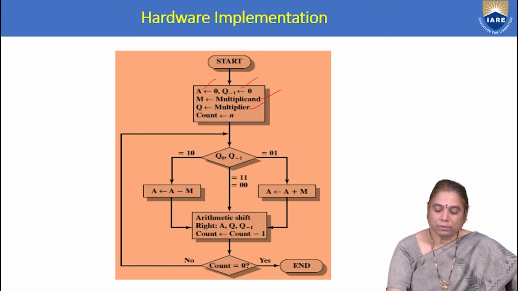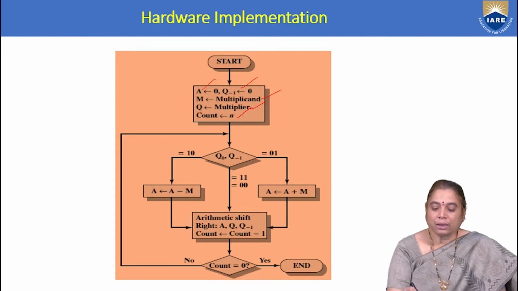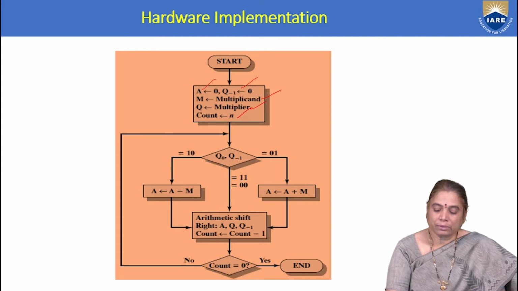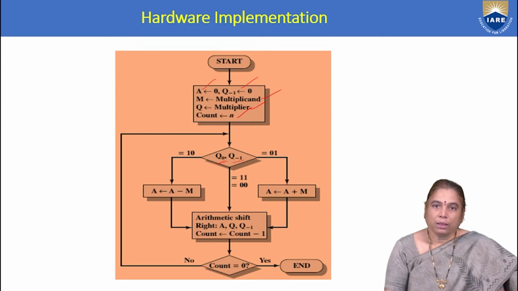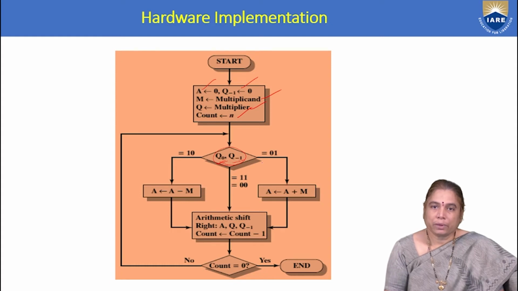The count is the number of bits in the multiplier, and that number of bits is stored as the count. Q1 is initially 0 and Q0 is the LSB of the multiplier. By taking these 2 bits, the validation condition checking is performed.